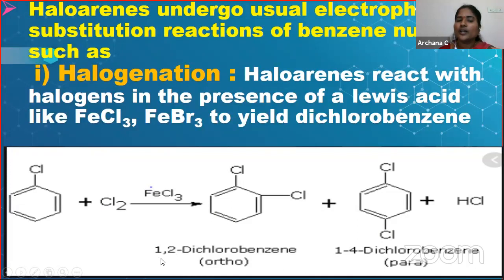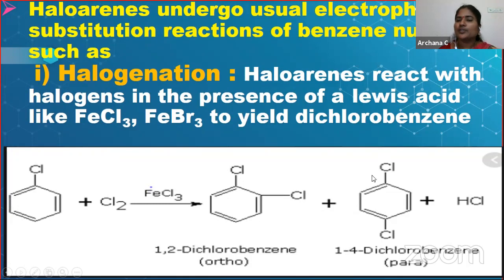Therefore we write 1,2. How many are there? Two, so we use the word di. 1,2-dichlorobenzene. If you want to write the common name, at which position is the halogen? Ortho. So ortho-dichlorobenzene. Like that we have to write the name.